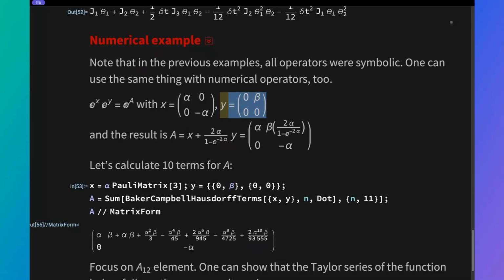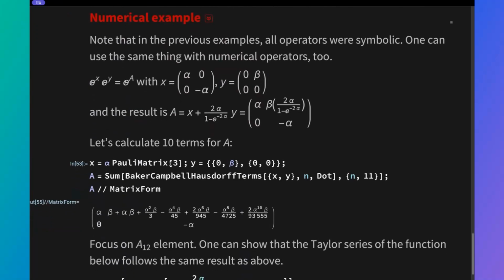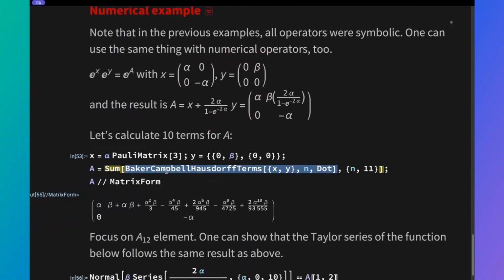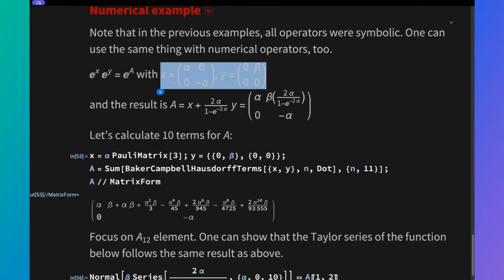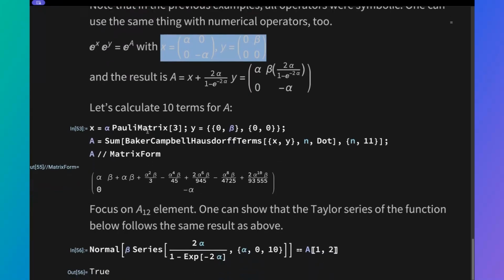Then I can ask, what's the result of the multiplication of these two exponentials? Here you don't need to specify any algebraic relationships, because you have explicit expressions for your operators. We just put it in the BCH functionalities, and then you get your series.